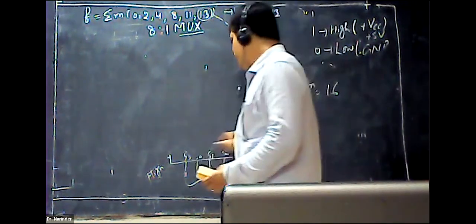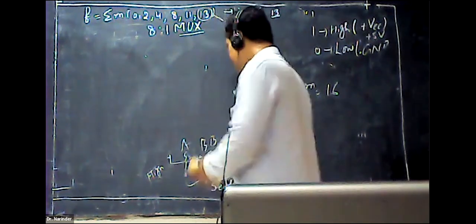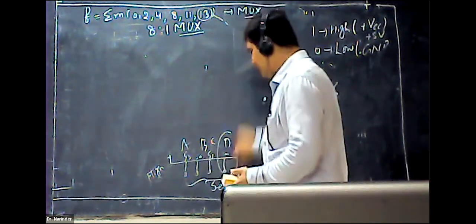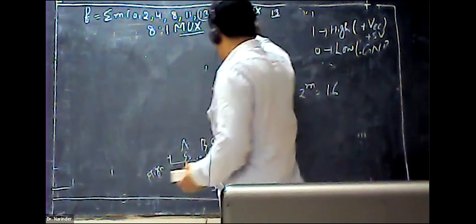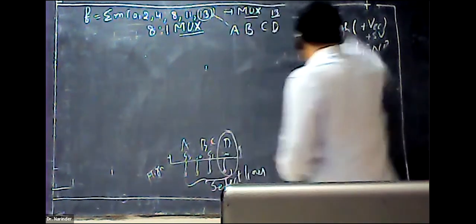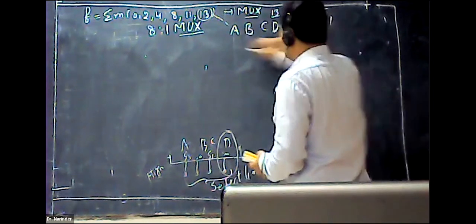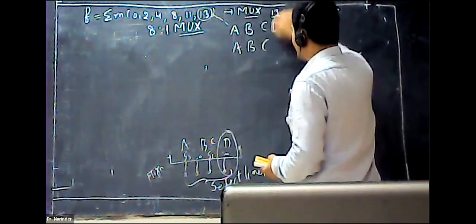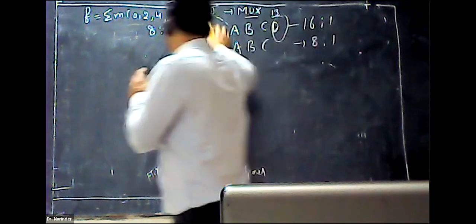Let us say we are assuming A, B, C, D, where S0 is D. As there are 4 select lines in a 16:1 mux, there would be 3 select lines in an 8:1 mux, so D is not considered. How can we do it? Understand it very carefully.